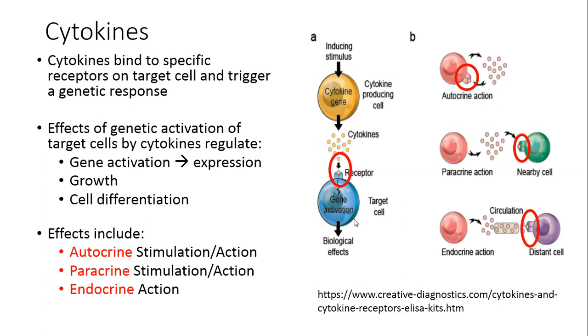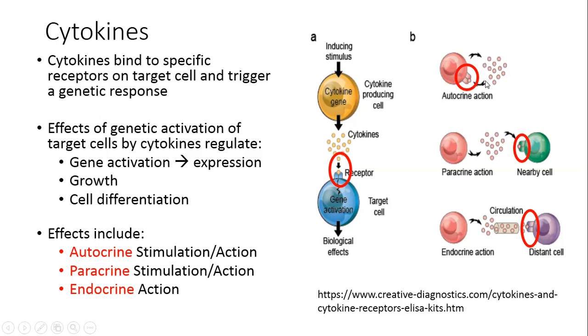So let's say, for example, this cell right here is our cytokine producing cell. And this cytokine producing cell releases cytokines, and look, this cell happens to have a receptor for the same cytokine on its surface.